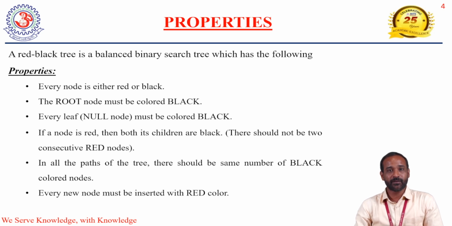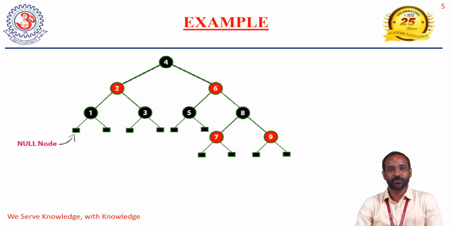And one more important point: every new node must be inserted with red color. These are the important points to insert an element into or delete an element from the red-black tree based on these properties.